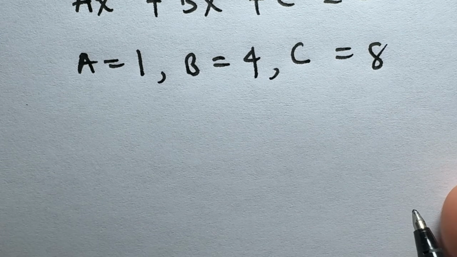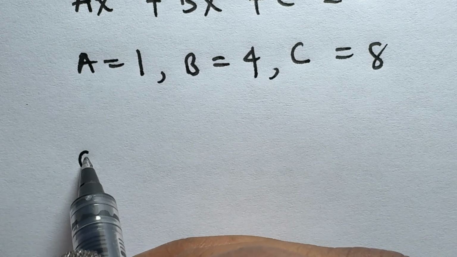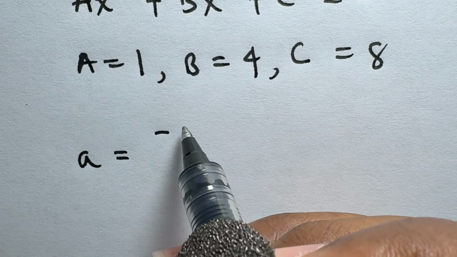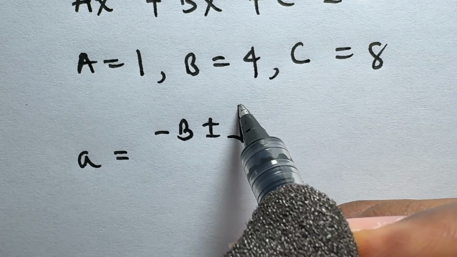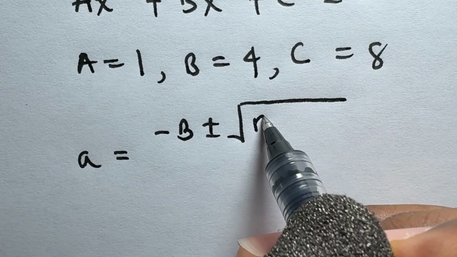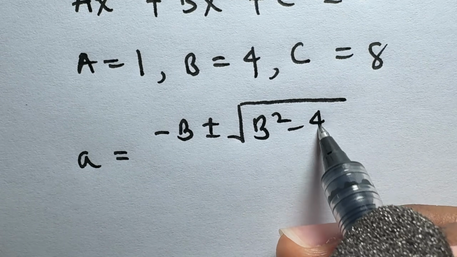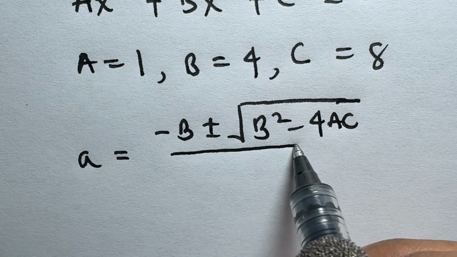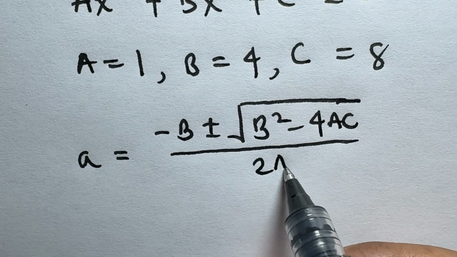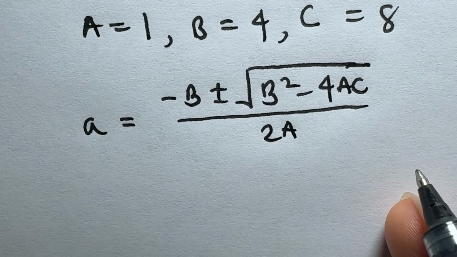Now, using the quadratic formula, a is equal to negative b plus or minus the square root of b^2 minus 4ac, divided by 2 times a. So we have values for a, b, and c.